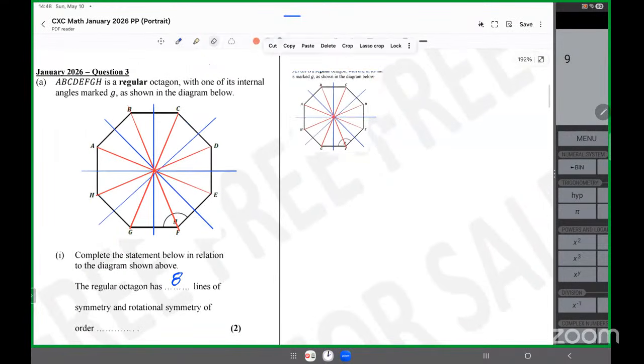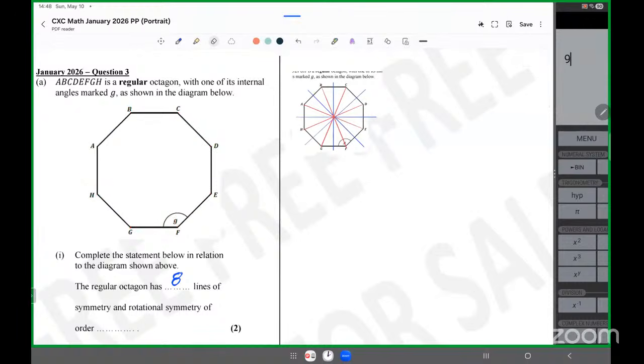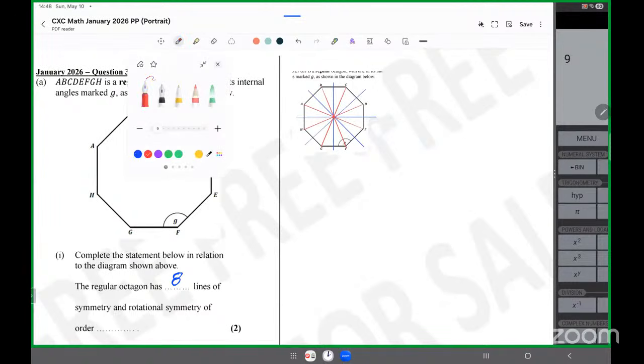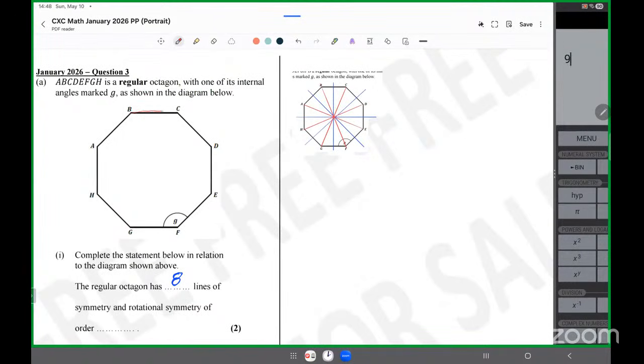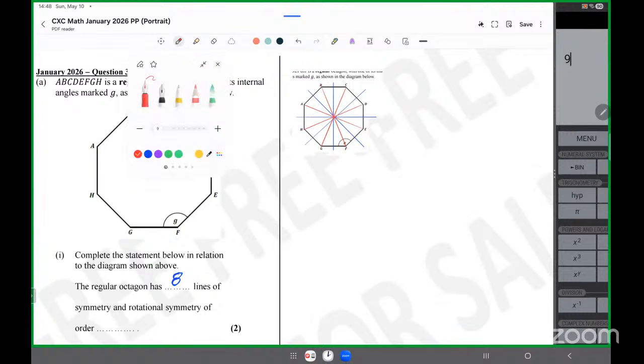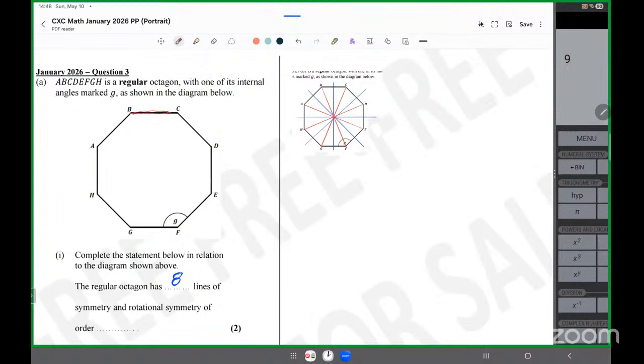Let me clear this now and show you the rotational thing, by copying this same object again. I'm putting a red line up here as a reference line. I want to explain rotational symmetry now.